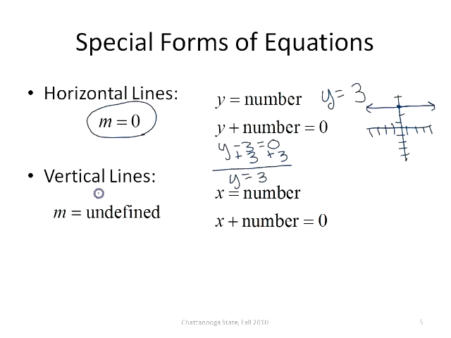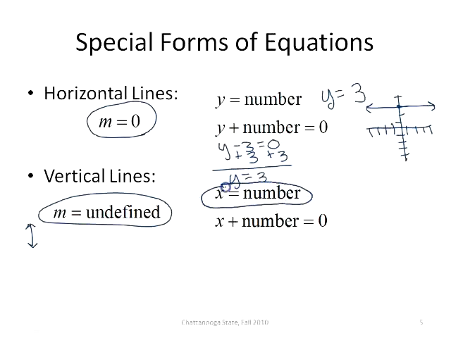If my line is a vertical line, then my slope will be undefined. It'll be undefined because if you were going to count the rise and the run, the run would be 0. Vertical lines go straight up and down. They will always have the form of x equals some number.